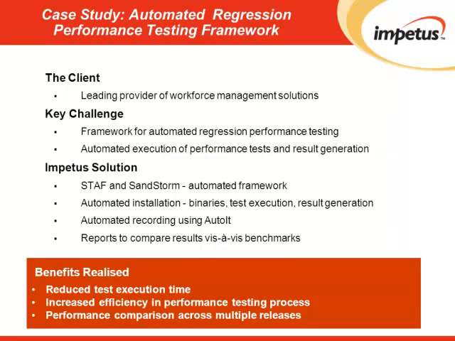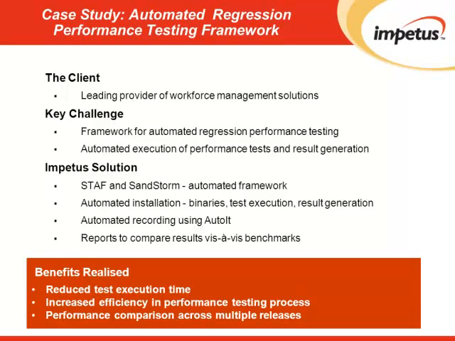In this case study, the client was a leading provider of workforce management solutions across the globe. Impetus has been their performance engineering partner for almost 8 years. Our client wanted to set up an automated framework for performance regression testing on the release candidates. This framework was required to automate the test execution and result generation.